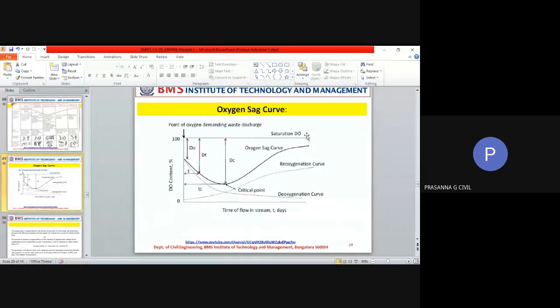So saturation DO. I'll explain that with an example. Say the water temperature is around 25 and your saturation DO at that temperature is, say, 10 milligram per liter. Initially, suppose at the point of application, we had around 8 milligram per liter.